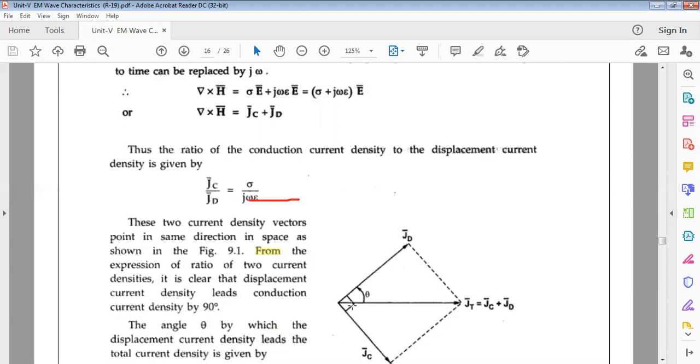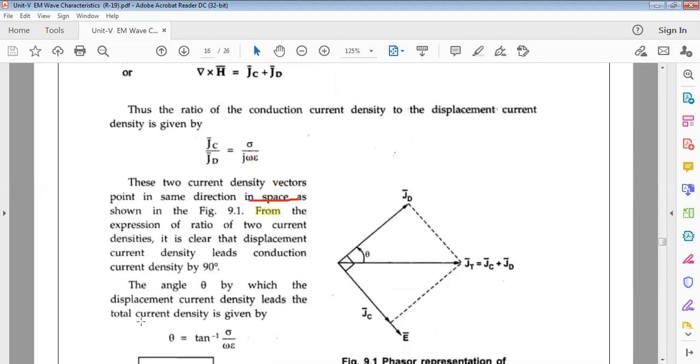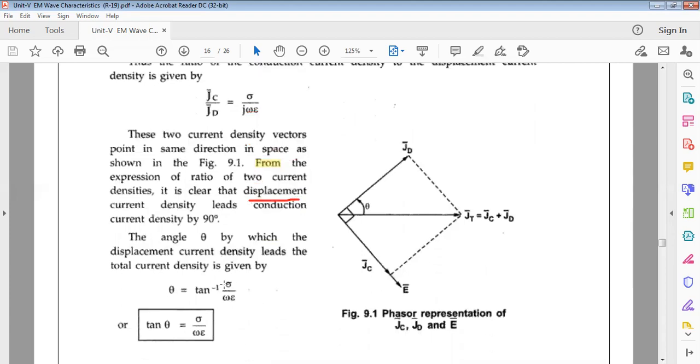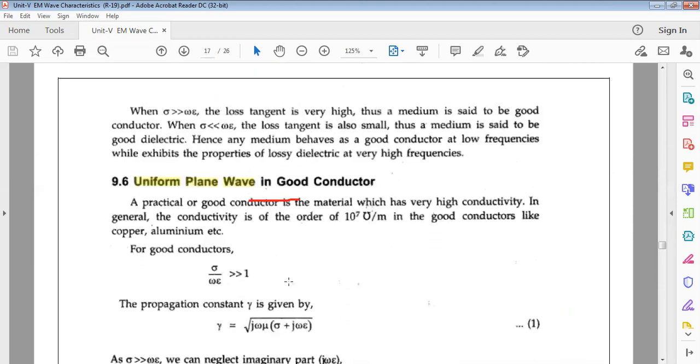So JC and JD are 90 degrees apart. The angle theta by which the displacement current density leads the total current density is given by theta equal to tan inverse sigma by omega epsilon. So tan theta is equal to sigma by omega epsilon.